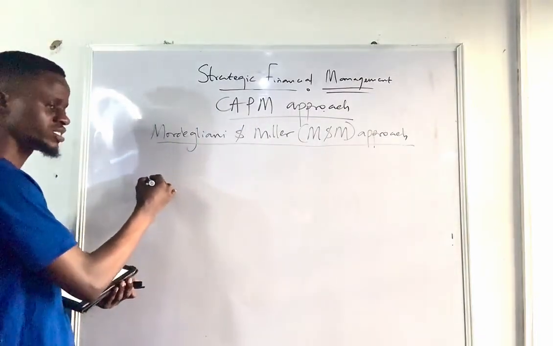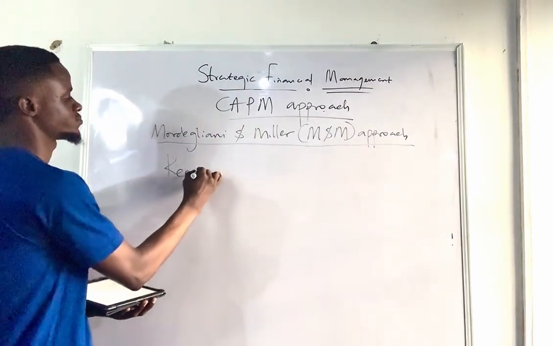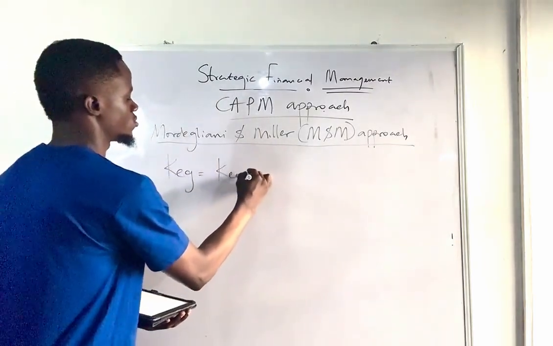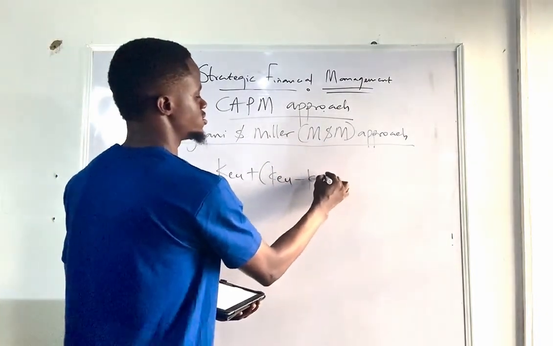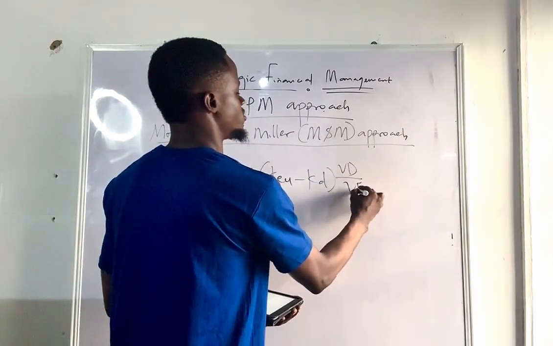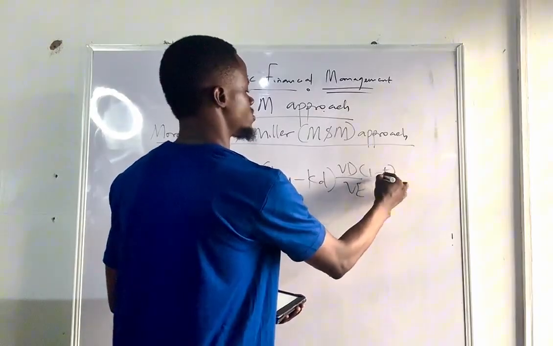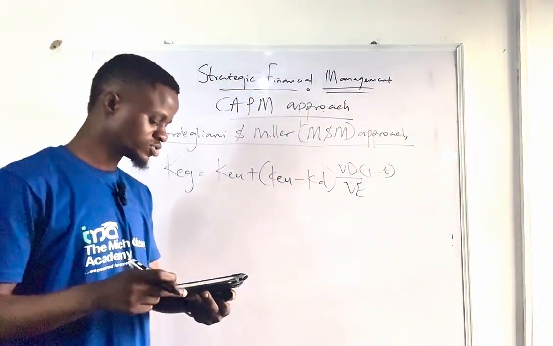Using the M&M approach, first thing, as I always say, write out your formula: Keg equals Q plus bracket Q minus KD, VD over VE, of course post tax. What is the requirement? It says calculate the ungeared cost of equity.